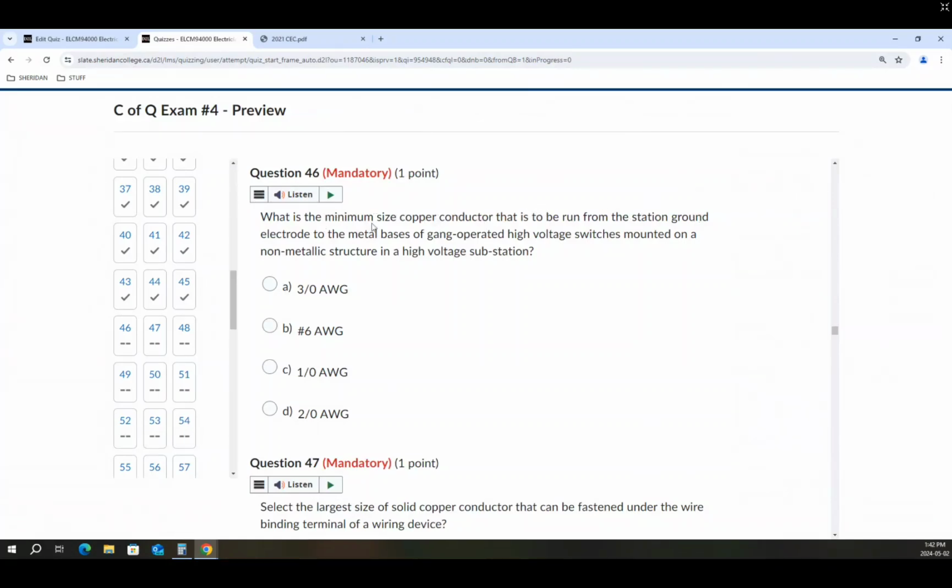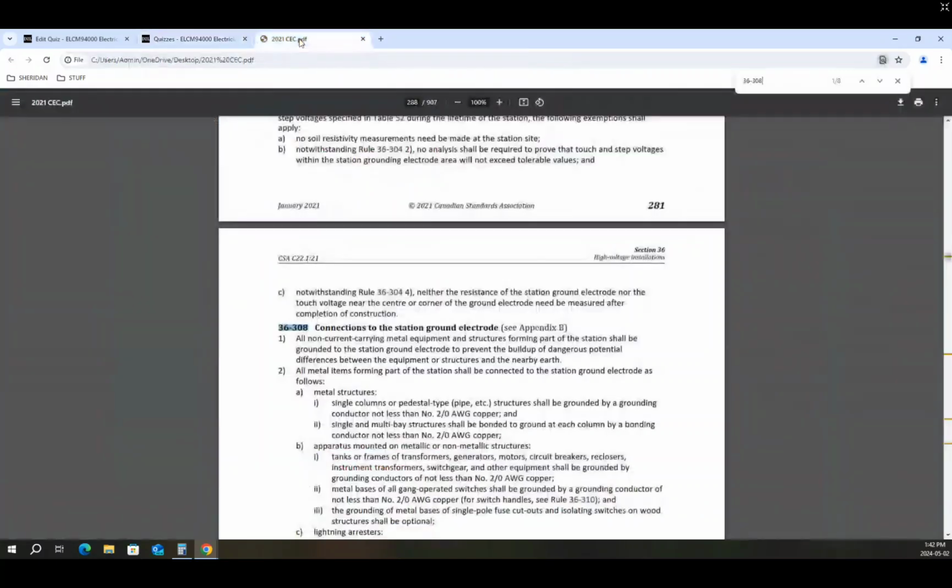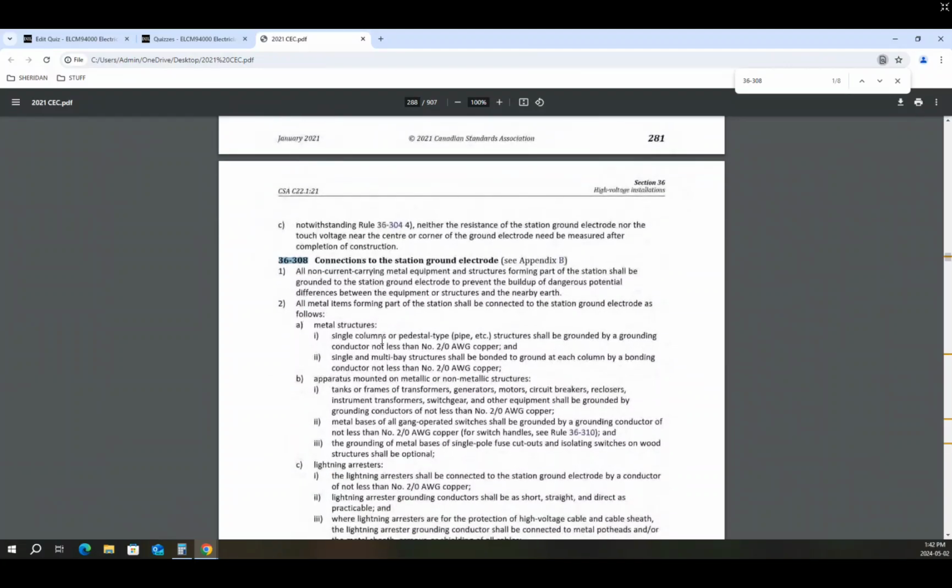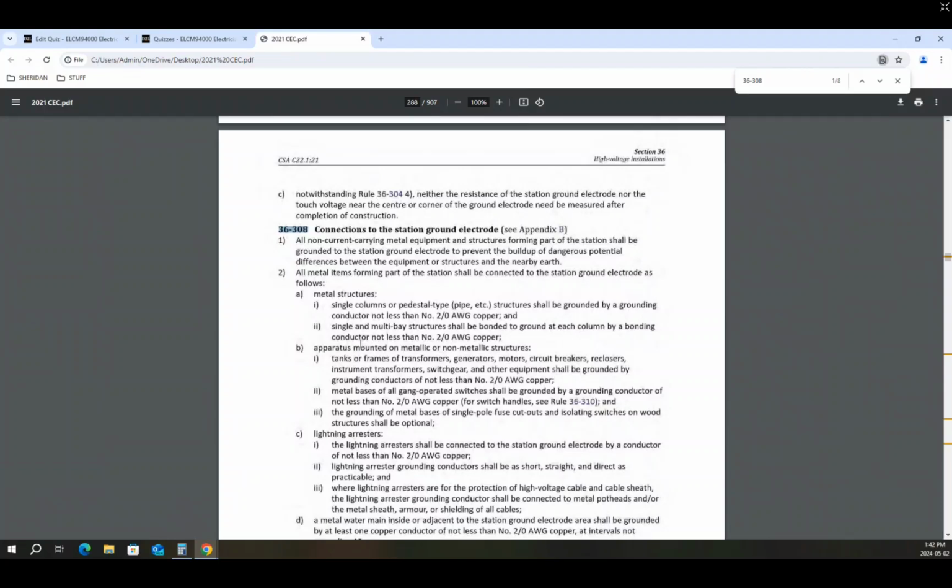So the minimum size copper conductor is to be run from the station ground electrode to the metal bases of high voltage switches mounted in a non-metallic structure. So we are connecting apparatus mounted on a metallic or non-metallic structure, tanks, frames, transformers, generators, circuit breakers, reclosers, instrument transformers, switch gear, and other equipment.